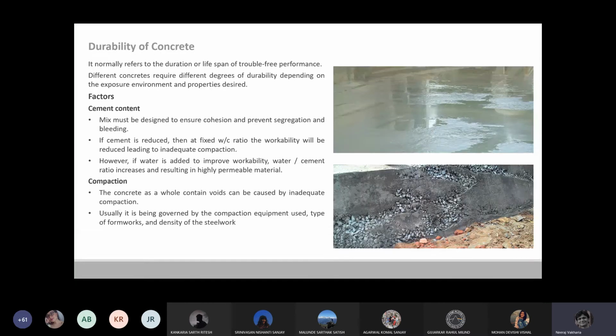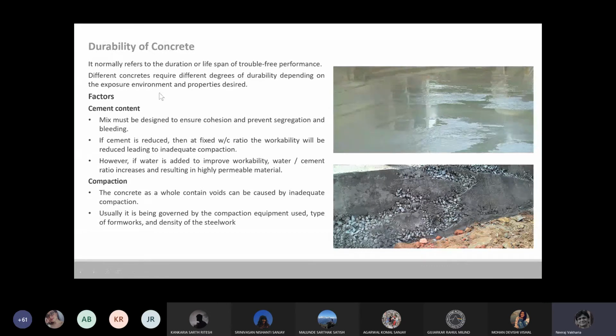Now, the durability of concrete, what it is. The ability of concrete to resist weathering action, chemical attacks, and abrasion while maintaining its desired engineered properties can be defined as durability of concrete. It refers to the lifespan of trouble-free performance without maintenance, without changing, without repair work, how long it can go, may it be physical, may it be chemical, whatever it may be.